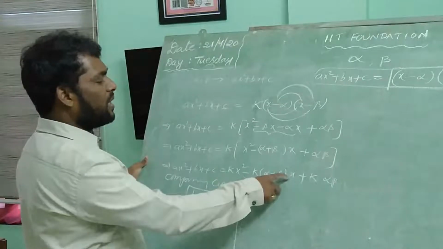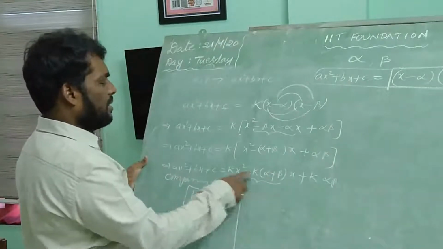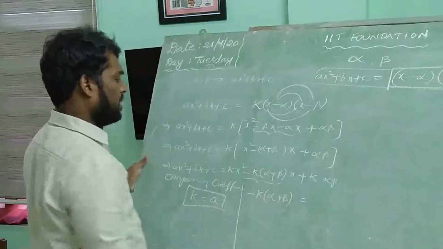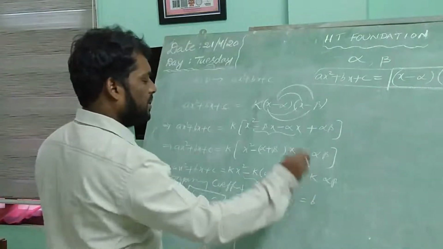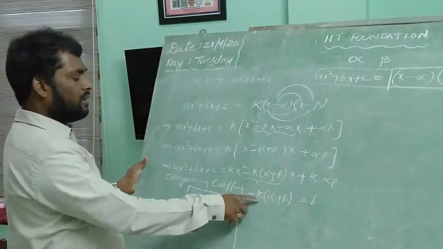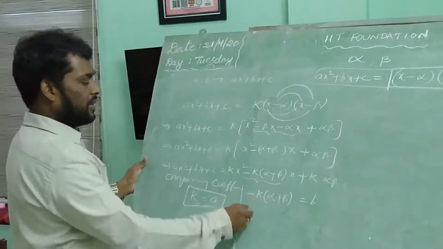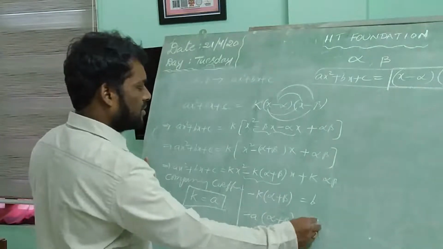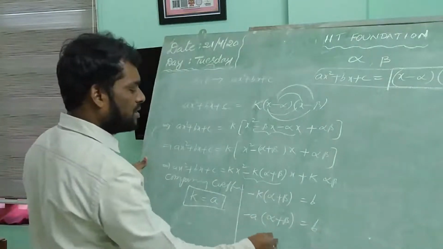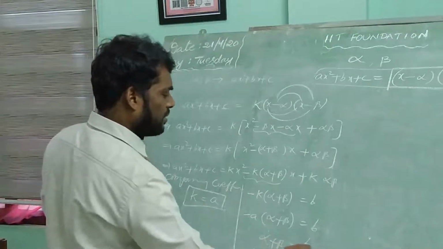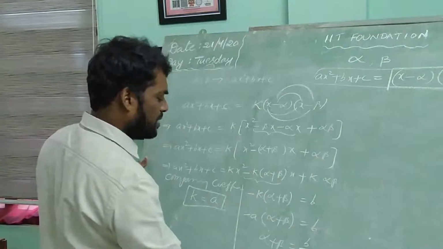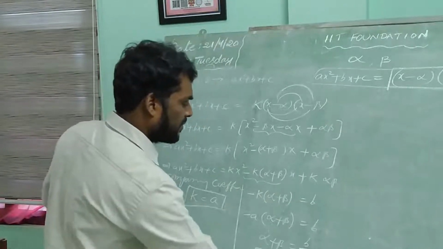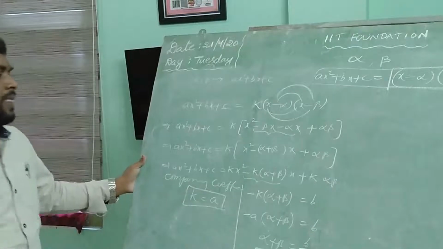So minus k into alpha plus beta is equal to b. Already you got the value of k. What is the k value? a. Replace here: minus a into alpha plus beta is equal to b. Then alpha plus beta is equal to b by minus a. It can be written as alpha plus beta is equal to minus b by a.